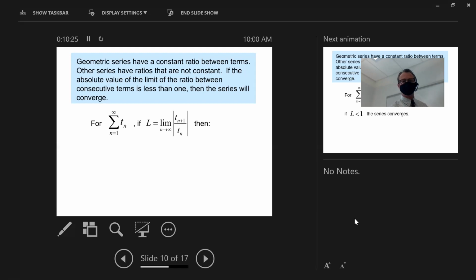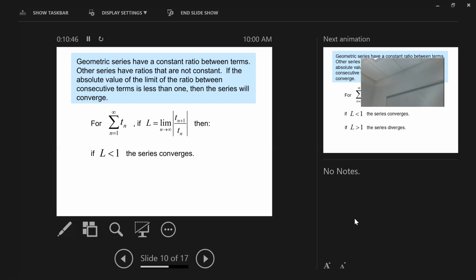So here's what happens. So you say, what's the next term? So we compare the nth term to the term above it. And if you get, this happens. The series converges if the number you get's less than 1. Does that make sense?